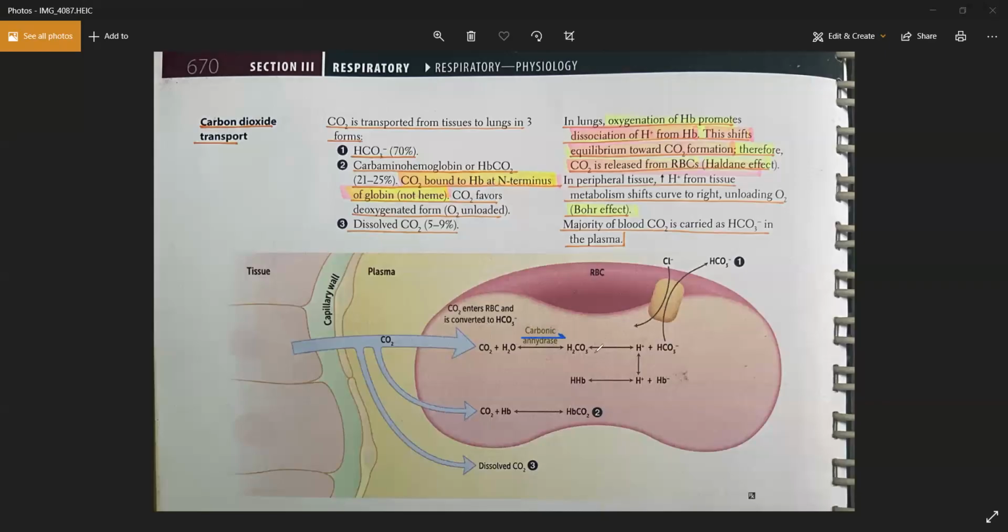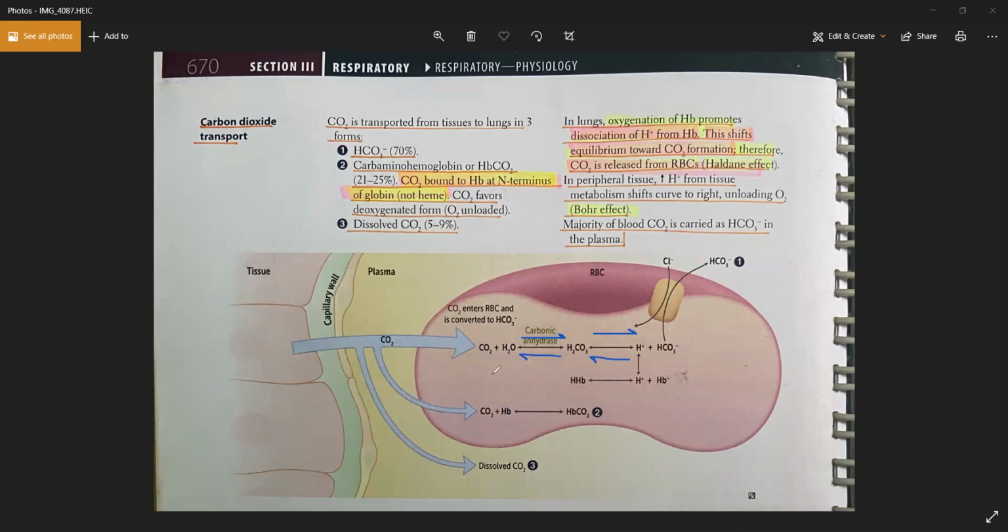At the same time, this H2CO3 will again be dissociating into CO2 and H2O. Similarly, H2CO3 will be dissociating into H plus and HCO3 minus, and this H plus and HCO3 minus will be combining to form H2CO3. An equilibrium state is reached when the forward reaction becomes equal to the backward reaction. Now, this is a stabilized condition.